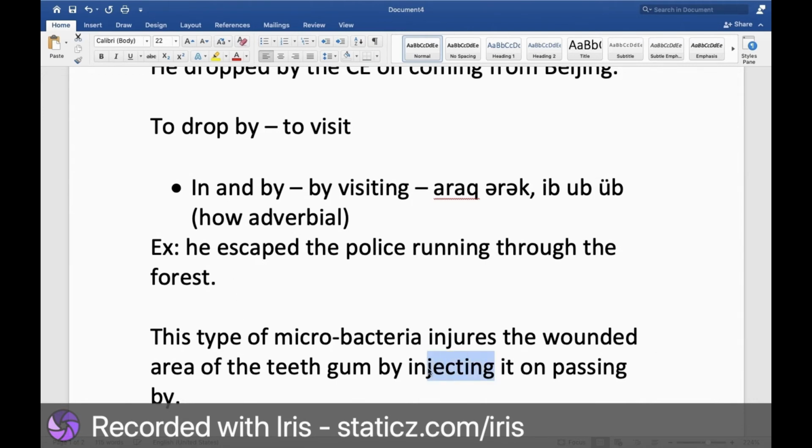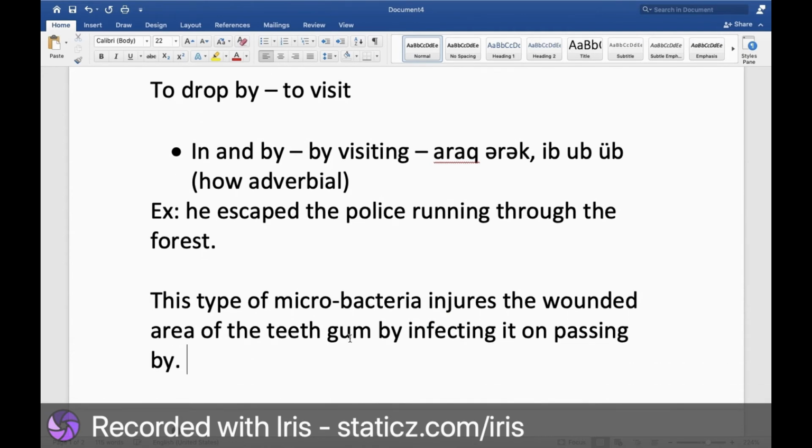Let's say infecting it. Okay, how can you translate this sentence? And can you please analyze this sentence for me?